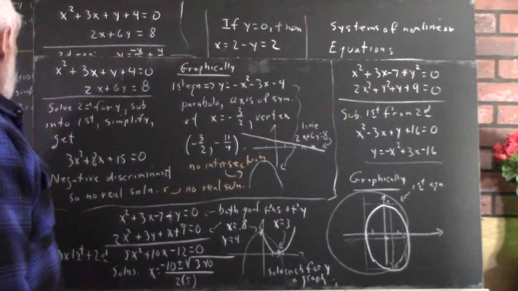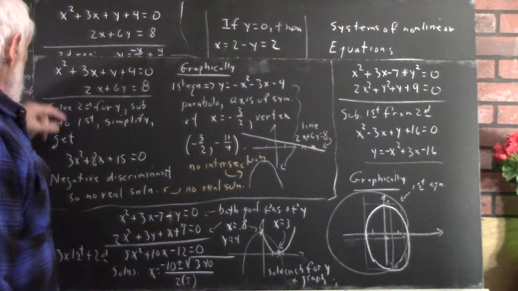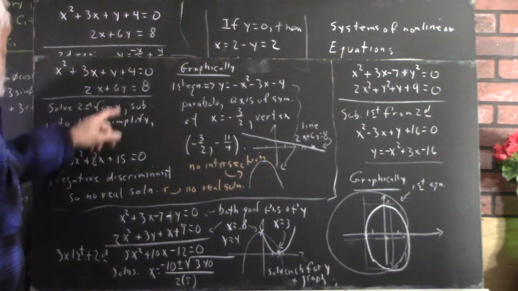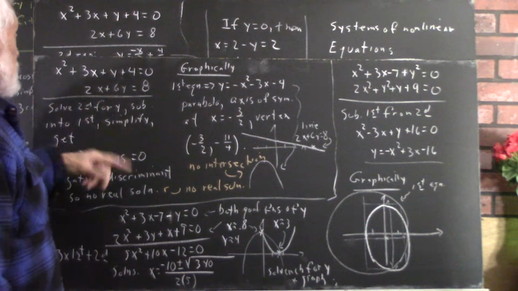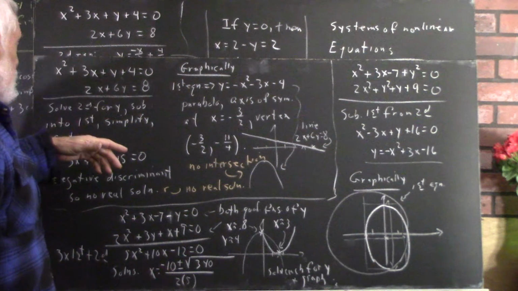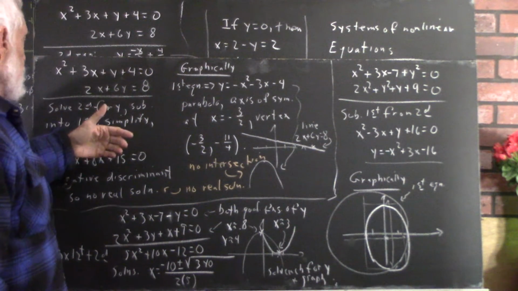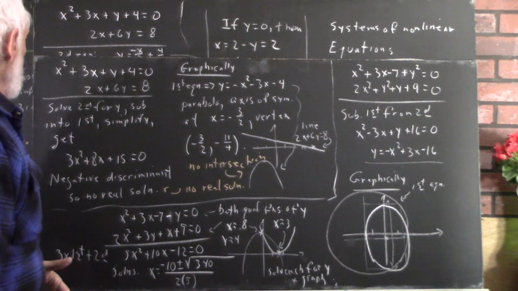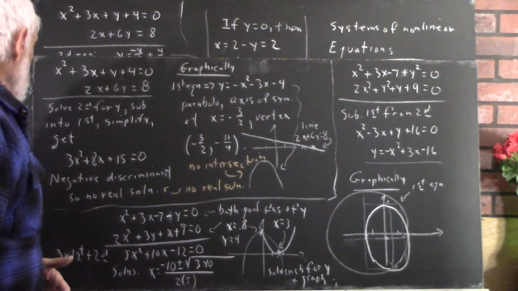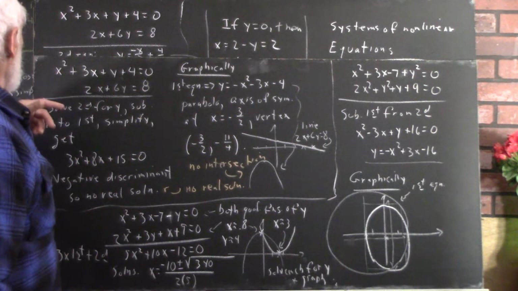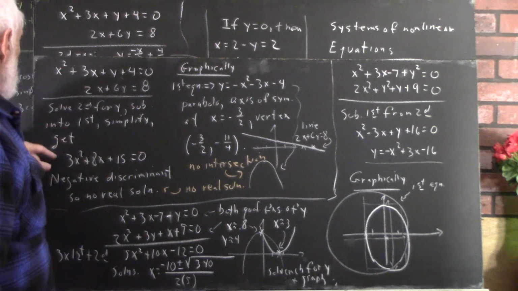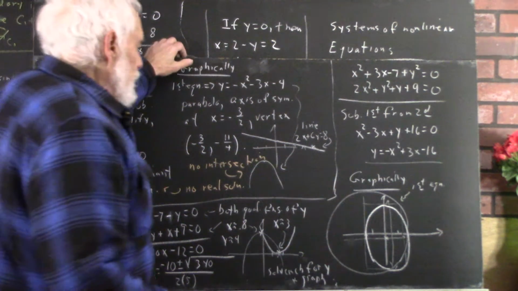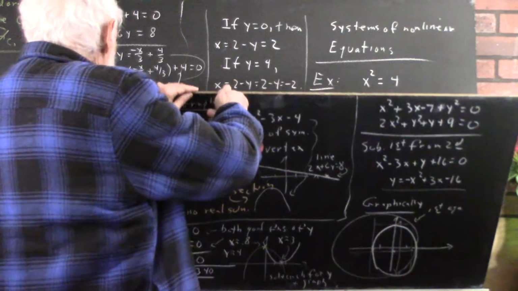Well, we can solve the second equation for y, getting y equals 1/3 x plus 4/3, if I did that correctly. And we can substitute into the first equation, and we get this quadratic. Now actually, I did that, so I'll just point here.